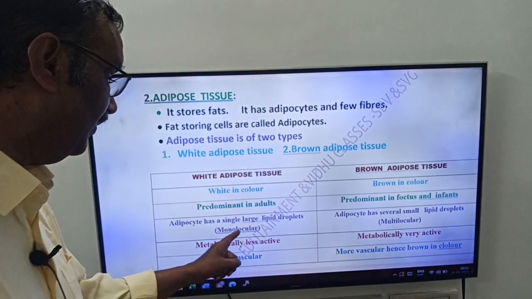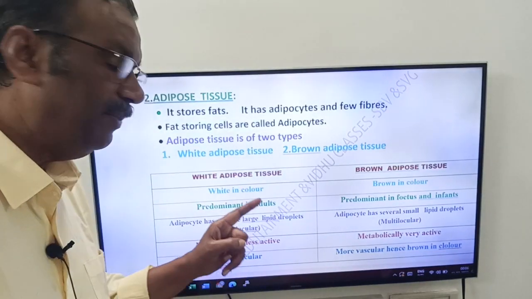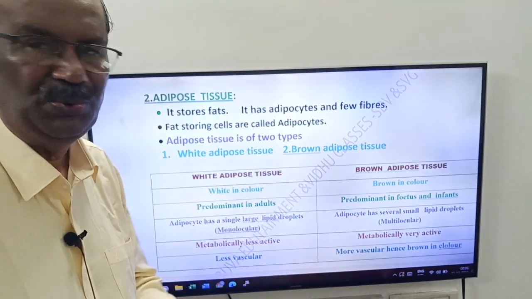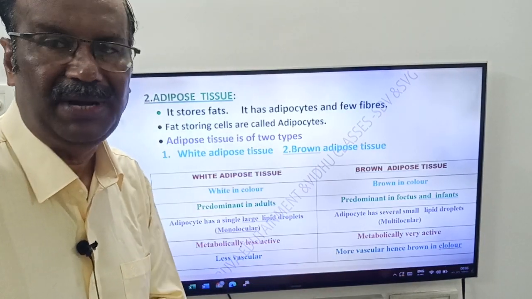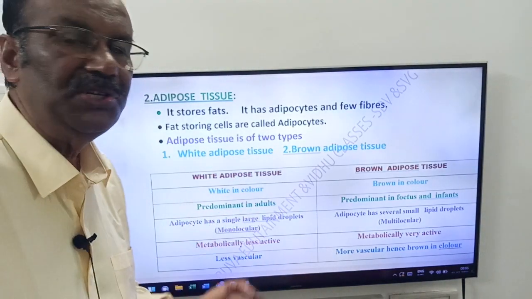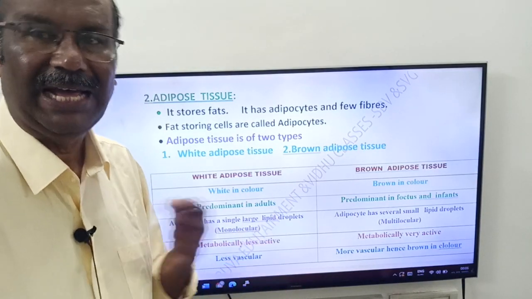Because of that we are calling it what, friends? Monolocular. Next friends, these are metabolically less active and less vascular, with less blood supply. So friends, white adipose tissue is a bad fat.